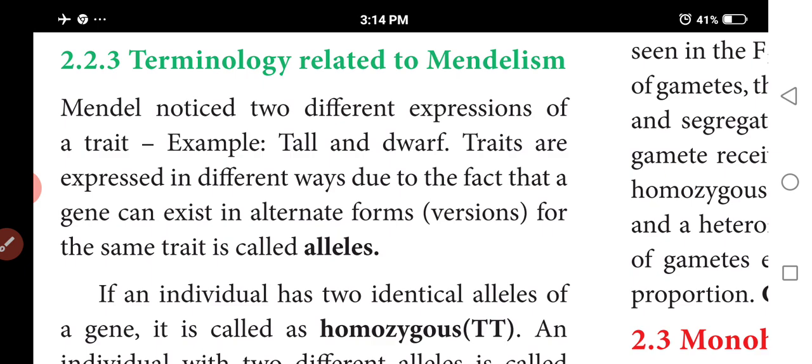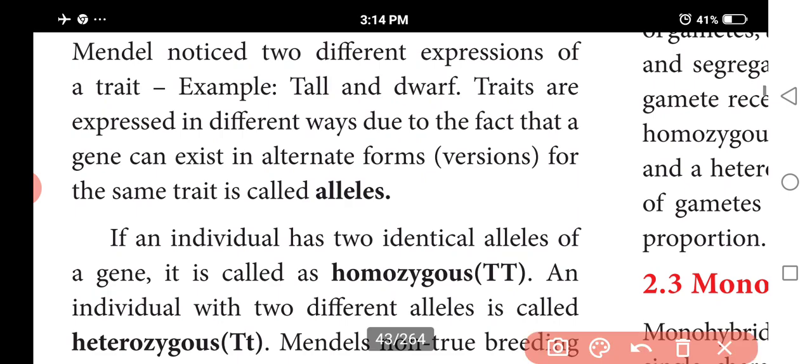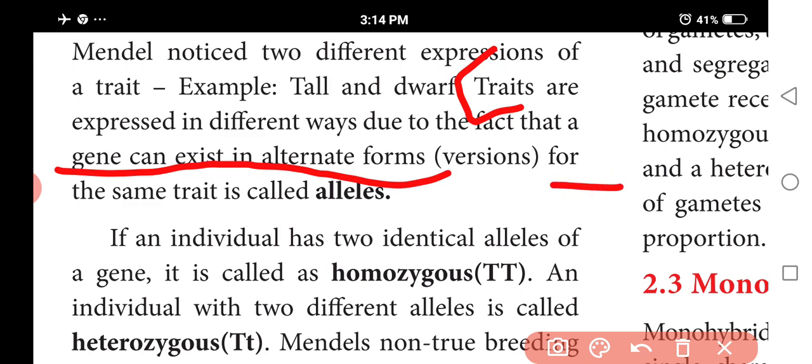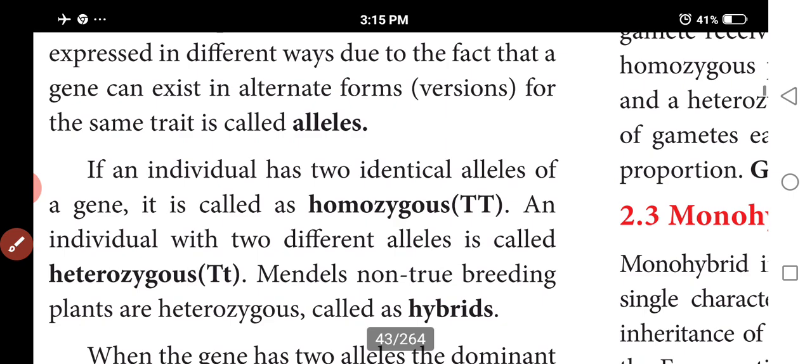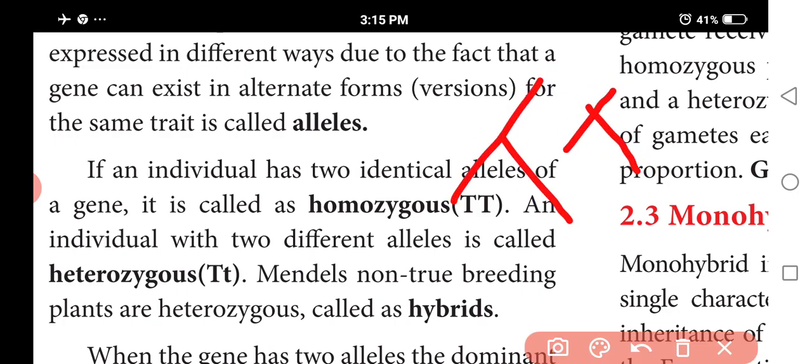Traits are expressed in different ways because a gene can exist in alternate forms for the same trait. Alternate forms of the same trait are called alleles. An individual with two identical alleles is called homozygous.